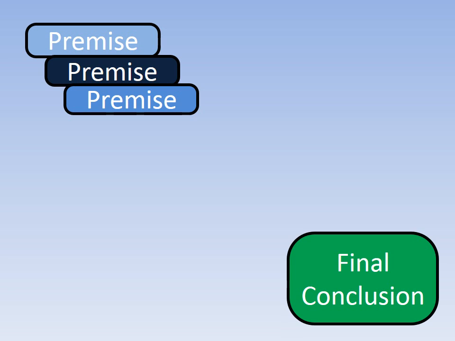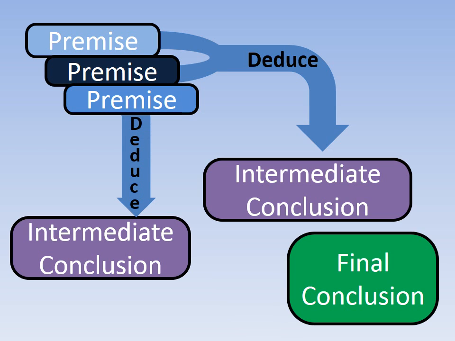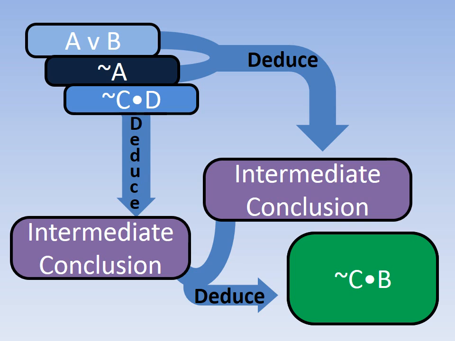So basically you're going to start with premises, and instead of moving towards the final conclusion directly, you deduce an intermediate conclusion and maybe another intermediate conclusion, and use both of them to derive the final conclusion through a rule of inference. For example, if I take A or B and tilde A, then I can deduce an intermediate conclusion.